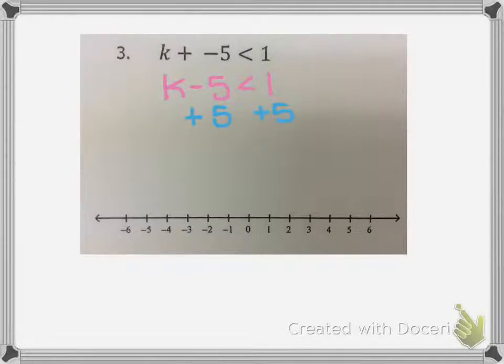So negative 5 plus 5 on the left-hand side cancels out. All I'm left with is the k is less than, and 1 plus 5 is 6. So k is less than 6. Well, that means k cannot be exactly equal to 6, so I will have an open circle at 6, and less than points to the left.